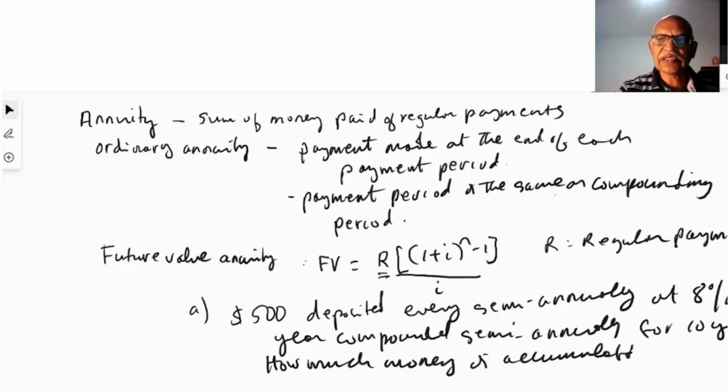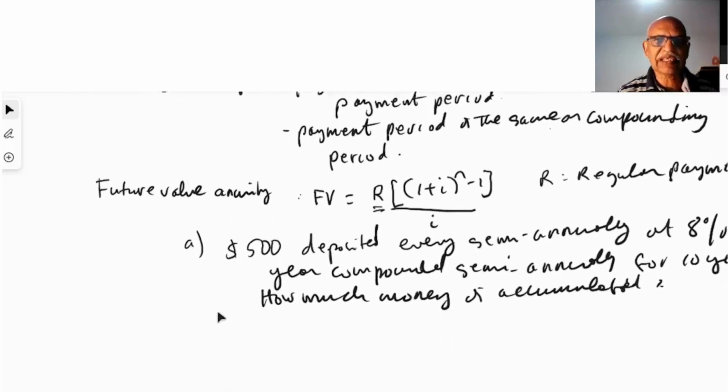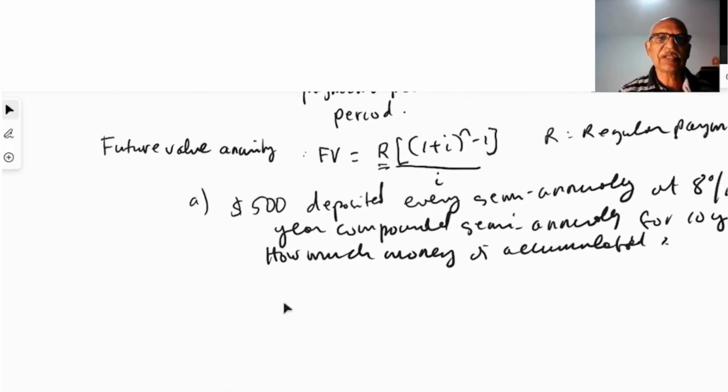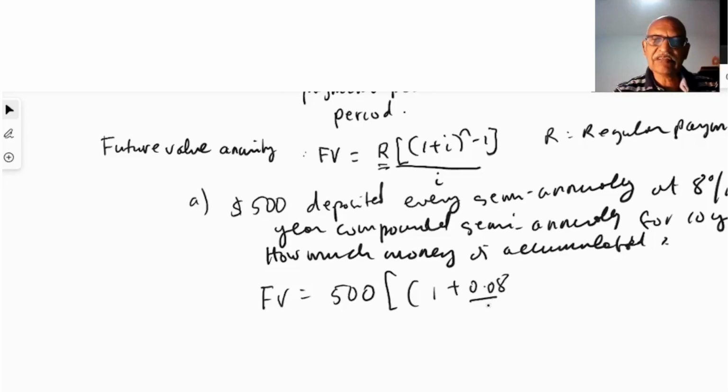Okay, so the question is, I was depositing $500 every 6 months for 10 years at 8% compounded semi-annually. How much money will I have after 10 years? So it means I'm finding future value. The regular payment is 500, which is R. Then I have 1 plus 0.08, it's semi-annually, so I divide the interest rate by 2.